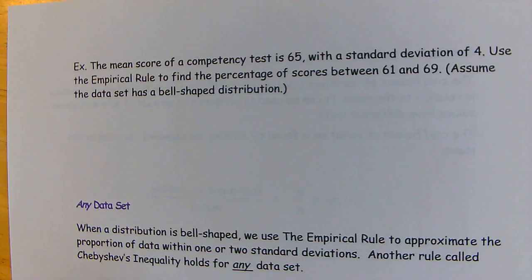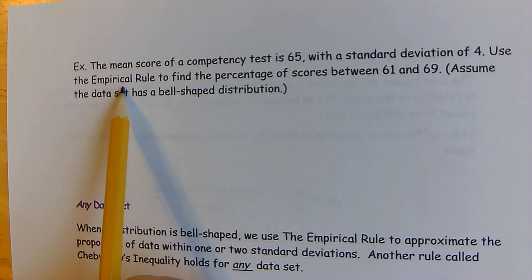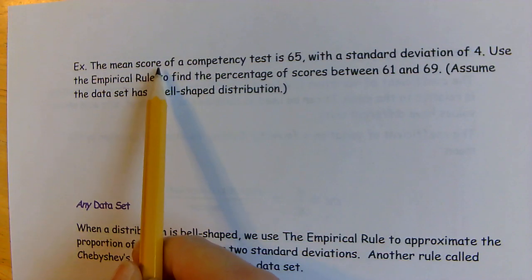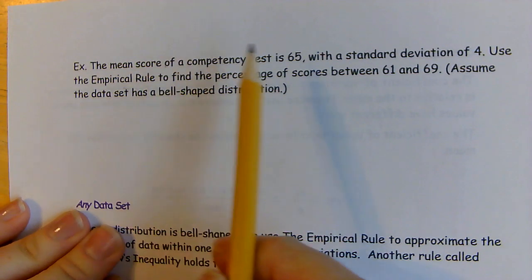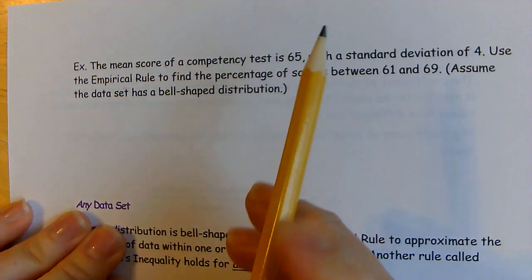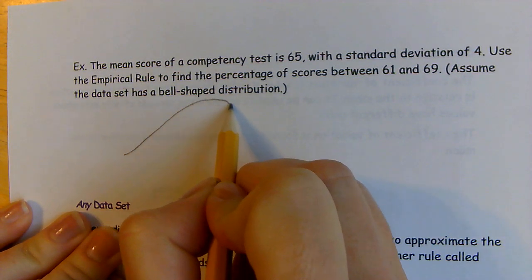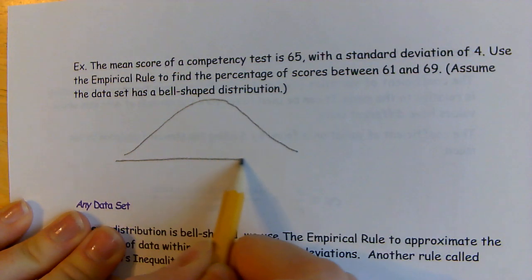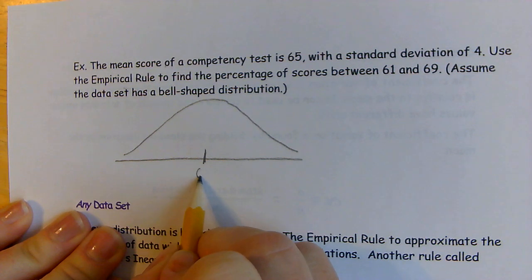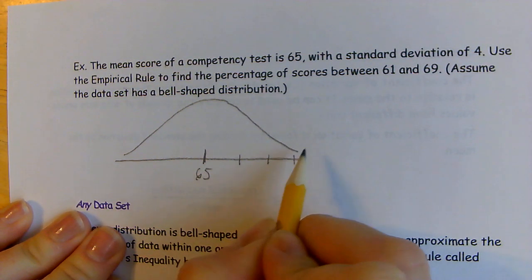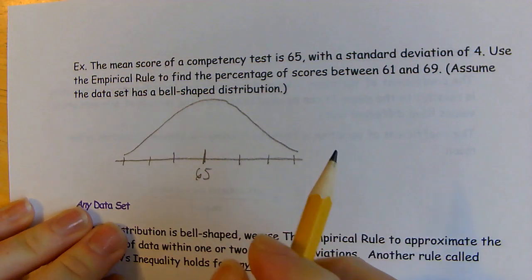Alright, let's do it again. We're going to use the empirical rule to find percentage scores. The mean competency test score is a 65. I have a bell-shaped distribution. 65. 1, 2, 3 above, 1, 2, 3 below.